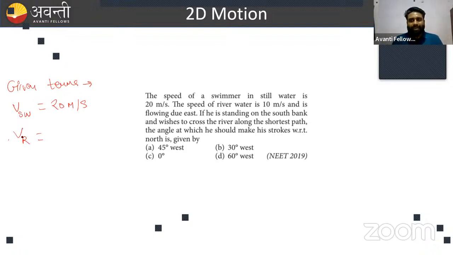So it is VRG, velocity of river with respect to ground, or we can simply write it as VR. What is the value of this? It is 10 meter per second. And it is flowing due east, the direction is also mentioned.